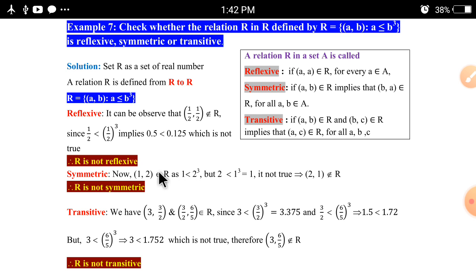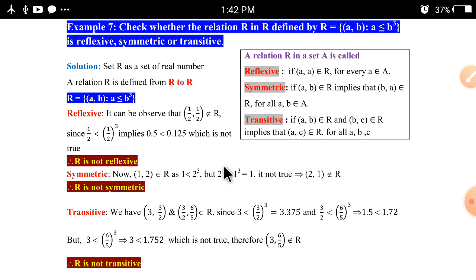By the definition of symmetric, every ordered pair (a, b) that belongs to R, the reverse order, that is (b, a), must also be in the same relation, then R is said to be symmetric. So (1, 2) belongs to R, and what about the reverse order, (2, 1)? Is it in R or not? Now check it. Is 2 less than 1 cubed, that is, 2 less than 1?